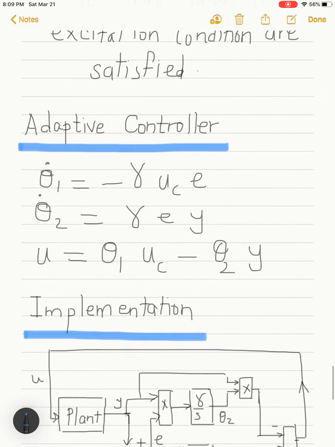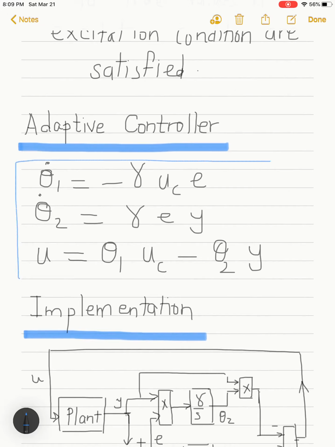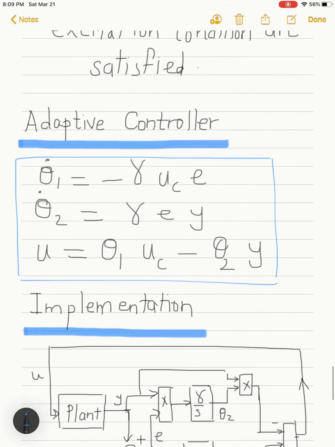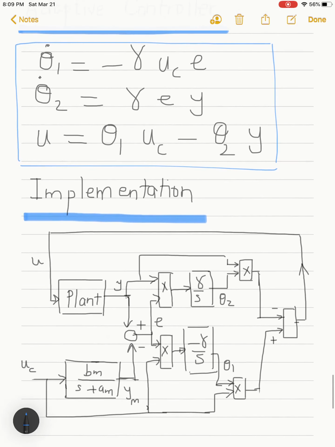Now this is a summary of the controller equations. It consists of the adaptation equations, theta 1 dot and theta 2 dot, and the corresponding control signal that will be calculated based on theta 1 and theta 2. And here I have a block diagram that can be implemented in, say, Simulink in order to verify the operation of such a controller.